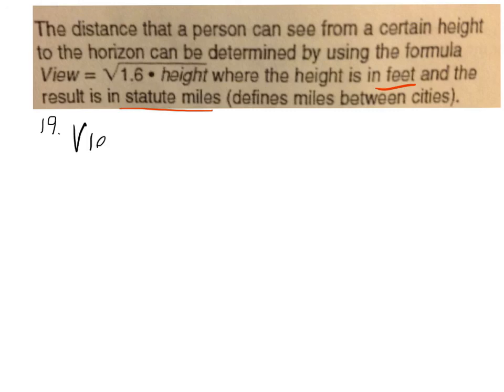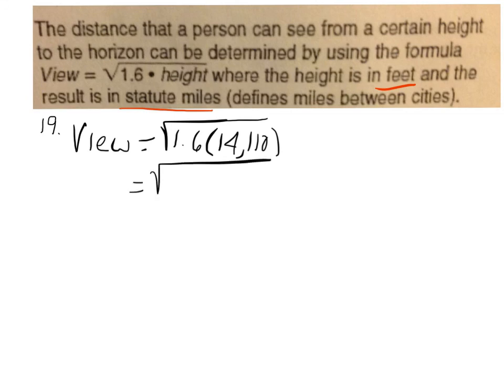So our view, the distance that we can see, is equal to the square root of 1.6 times the height, and our height in this case is 14,110 feet. So our view is equal to the square root of 22,576, and the square root of 22,576 rounded to the nearest tenth is 150.3.